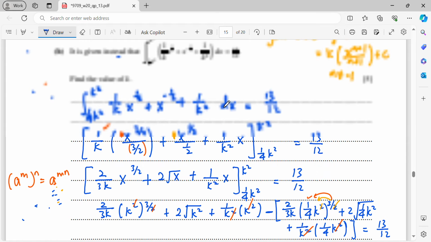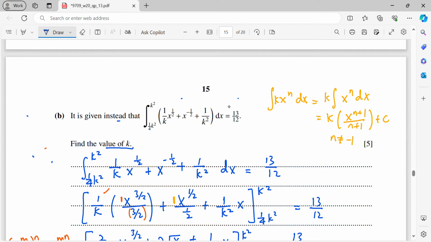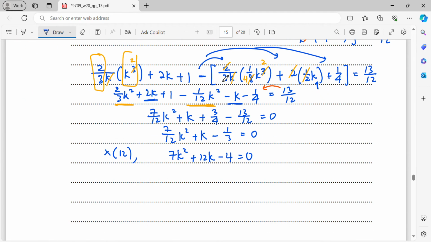And now, when you look at the question, find the value of k. Only 1 k. Alright? So even though this is a quadratic equation, I can factorize it into 7k minus 2, and the other factor is k plus 2, then equals to 0. Now, I will get 2 k's from my calculation, but we only accept 1. Therefore, the first k is 2 over 7, and the second k is minus 2.